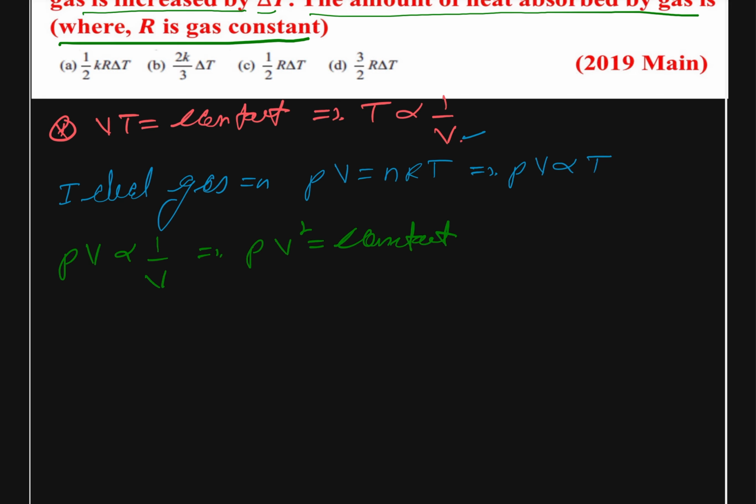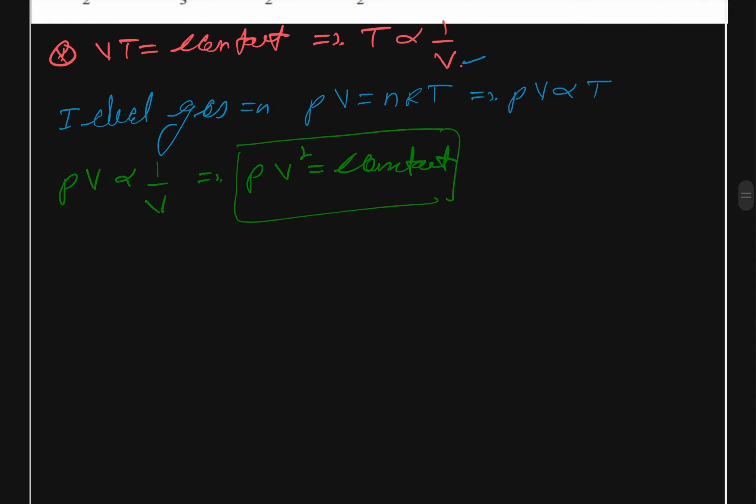Now this equation is nothing but the equation for a polytropic process, whose general equation is PV raised to power x is equal to constant. So this is our polytropic process, which is in general given as PV raised to power x is equal to constant. Therefore, we can say that the value of x is equal to 2.